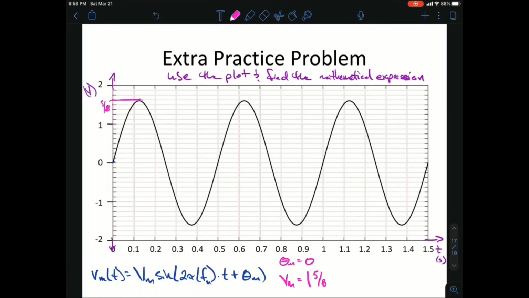Now we're going to have to find the period of this in order for us to find the frequency. The way we're going to do that is we can start here at 0 and go till we go back to 0, which is right here at 0.5. So that's pretty easy and convenient.